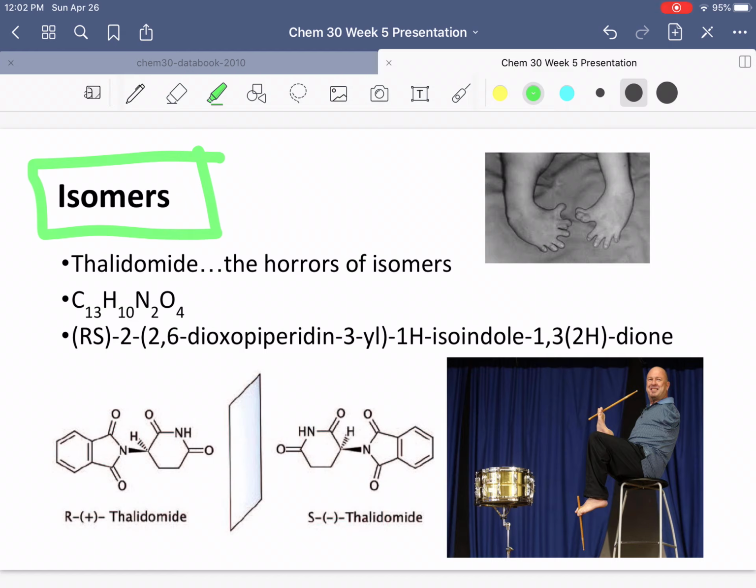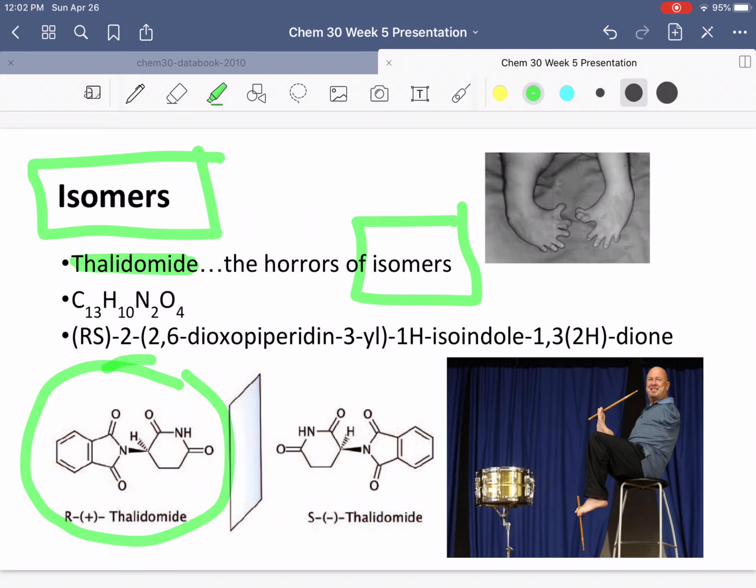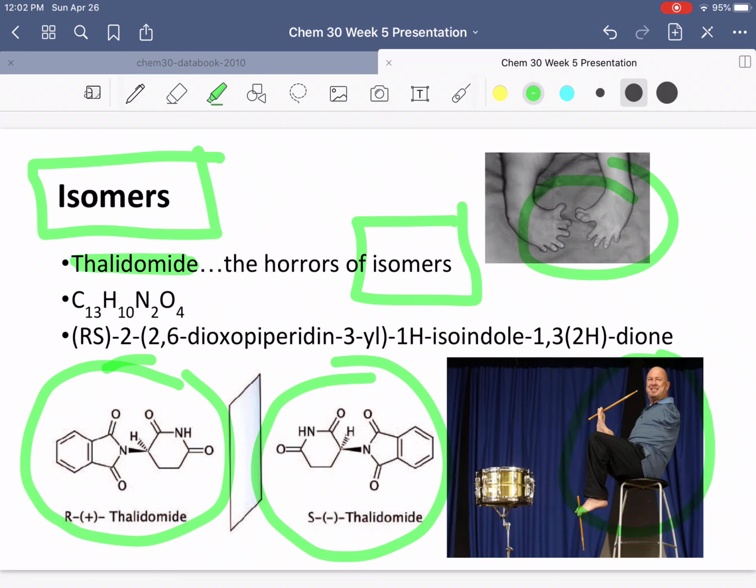Thalidomide is a type of molecular compound where 2 different isomers are a really big deal. So if you look on the left versus on the right here, these 2 are essentially mirror images of each other. And they're 2 different isomers. We end up with a situation where one of them caused severe deformities in unborn children. That's what I'm showing you up here in this picture, and here in this man who has no arms. They're called thalidomide babies.